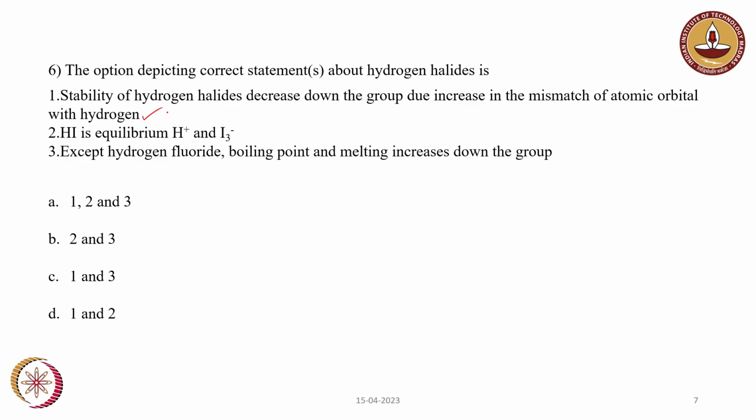Down the group, the size of the orbital increases, and the electronegativity also decreases down the group. So the orbital mismatch will be higher moving from top to bottom. So for the elements fluorine, chlorine, bromine, and iodine, while moving down, electronegativity decreases.